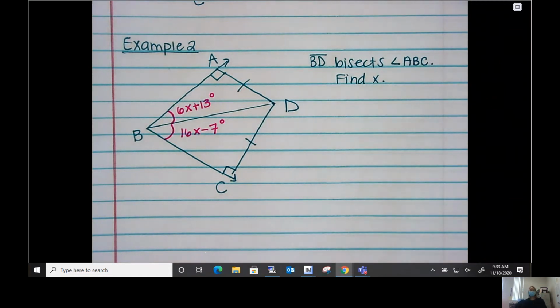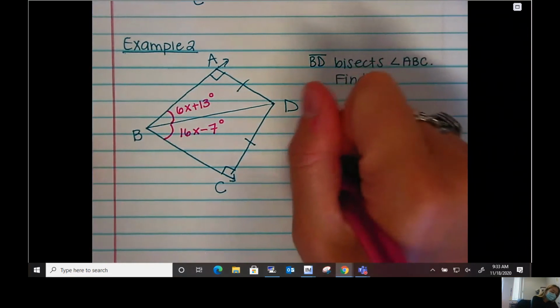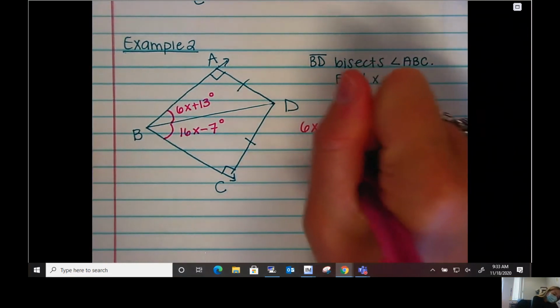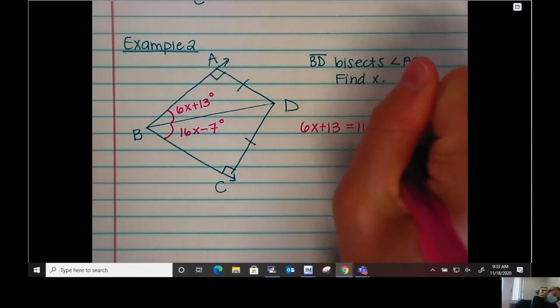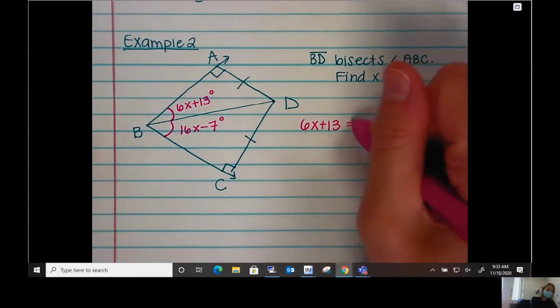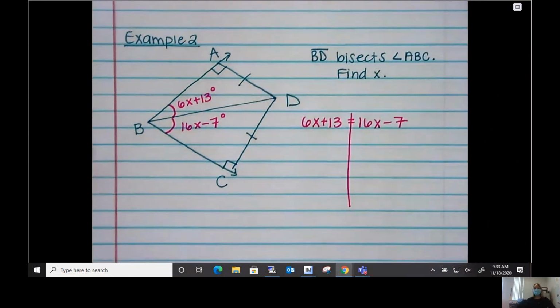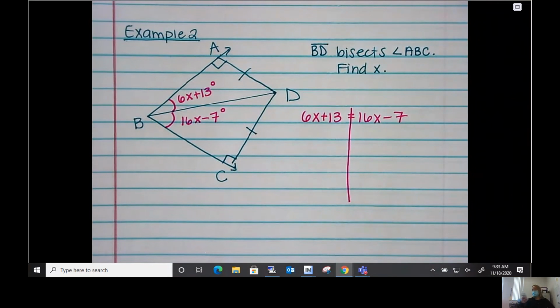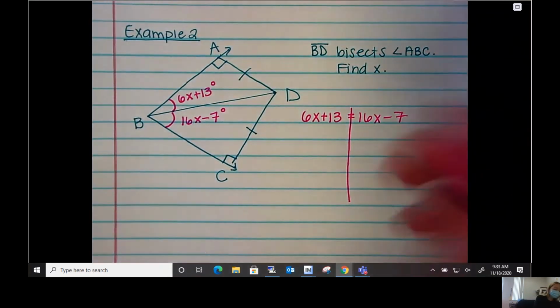Perfect. Just put an equal sign right in between them. 6x plus 13 equals 16x minus 7. And then all you have to do is solve for x. So I'm going to let you try that one. And then we'll come together. We'll see if we get the same answer.